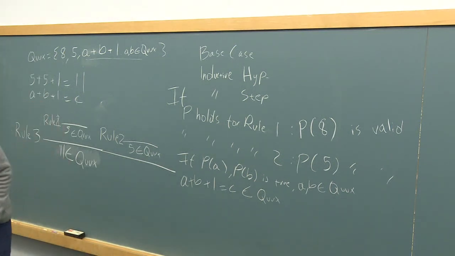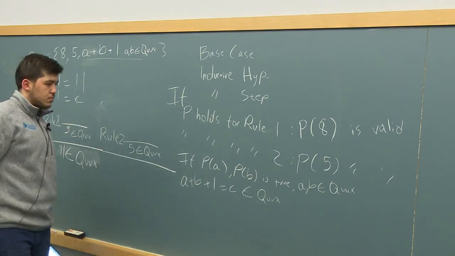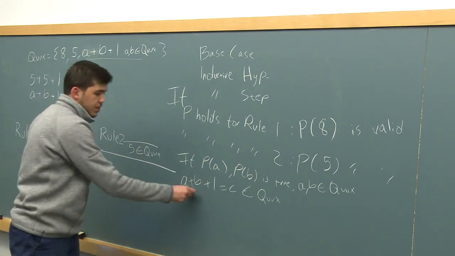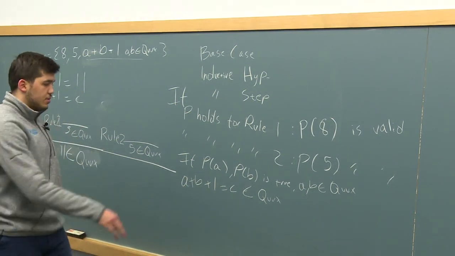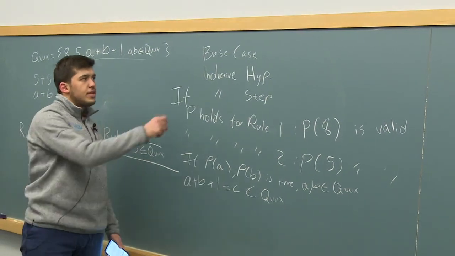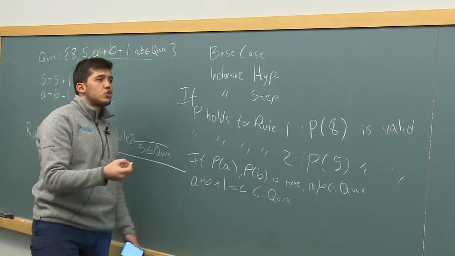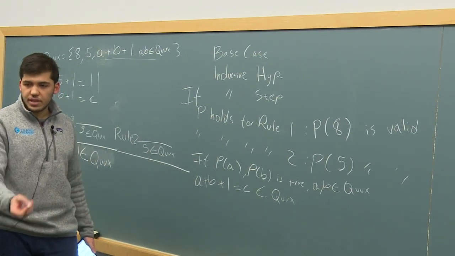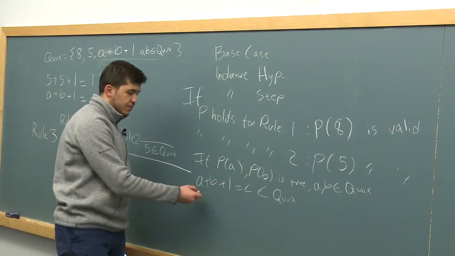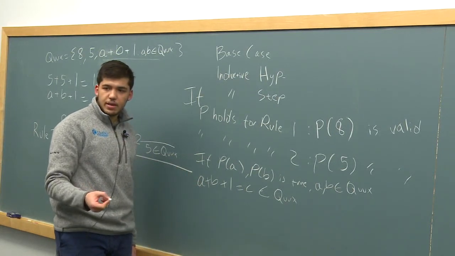Exactly. And if we were to open it in the solutions here. Wait, yeah. Don't we need a property of A plus B plus 1 equals C? Or is that this property here? Yeah. Do we need to prove like the property? So in the proof by induction, we assume that the property holds for a given n or a given k. And then you just prove it for one step above that, right? N plus 1.